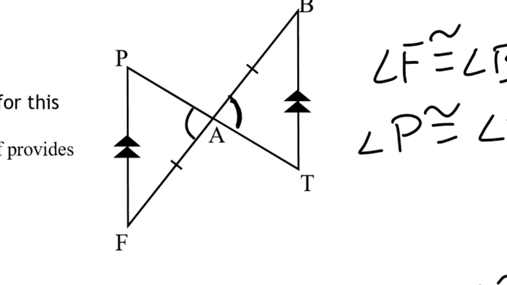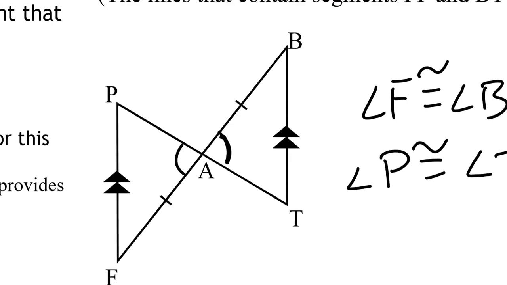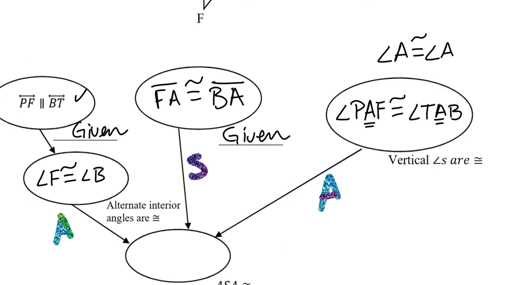So if I look at it closely, I could say, for example, triangle F and then to A and then to P. And if I did that, that would go with triangle, let's see, that would go with B and then to A and then to T. So that's one way I can do it. And to be honest, there's plenty of ways as long as F and B are together, P and T are together, and the angle A is together.